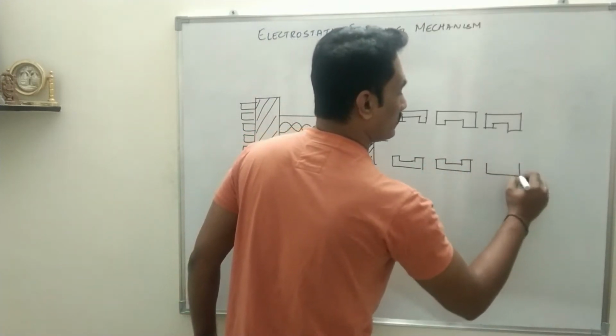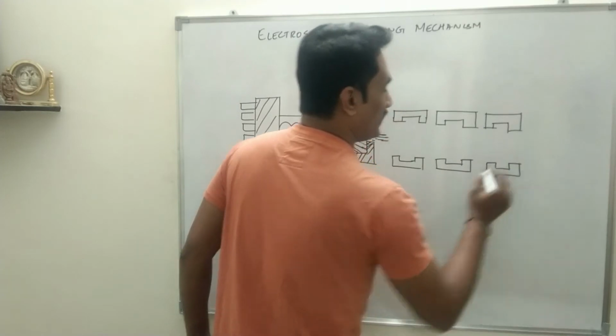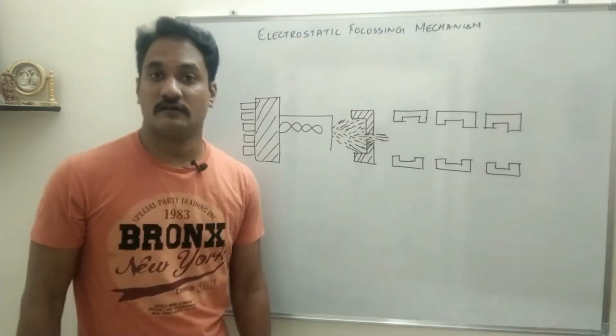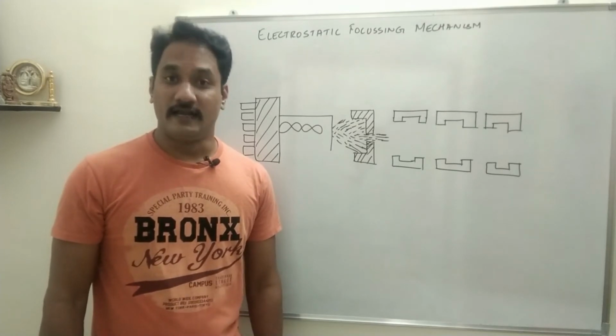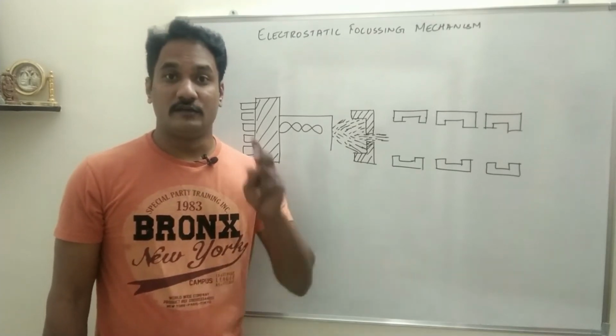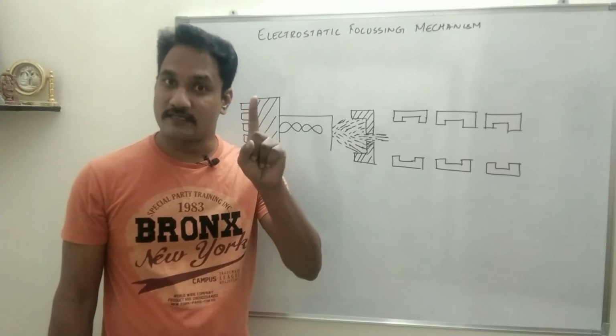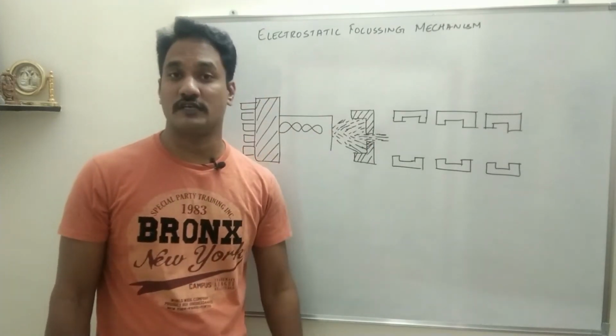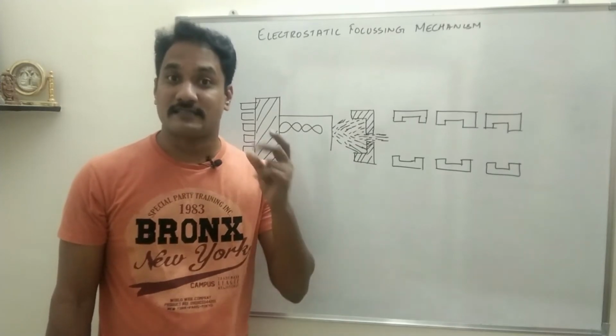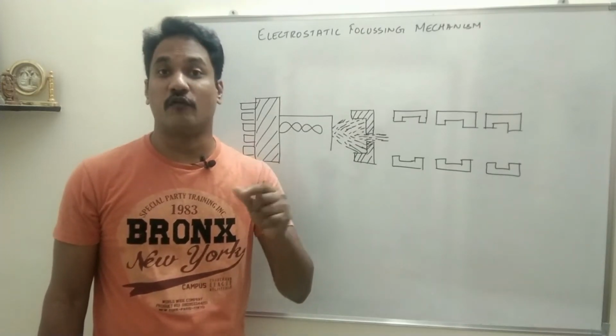These three anodes, which are the pre-accelerating anode, focusing anode and accelerating anode, do two things. First, they accelerate the electrons so that high velocity electrons bombard the screen. And second, they produce focusing.